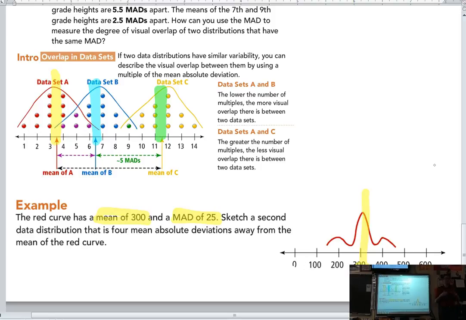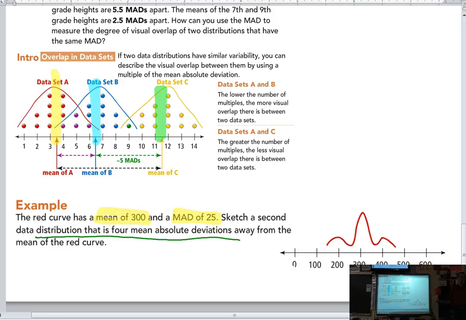If I started to draw dotted lines at my deviation sections, if I go 25 away, that would be a deviation. If I go another 25, that would be another deviation. If I go another 25, that would be another deviation. And by the time I get to 200, I've gone 4 deviations from the mean. What I'm trying to do is sketch a curve that is 4 MADs away. How far is 4 MADs?